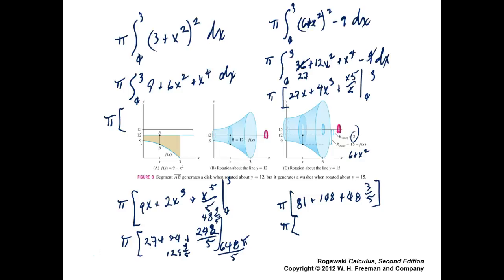That's 189 plus 48 is 237 3/5, I believe it is. 237 3/5, which would be 35 and 3 is 38. 15 and 3 is 18.